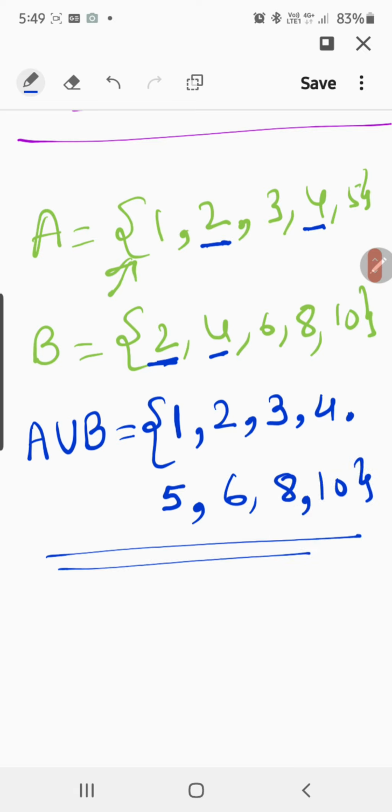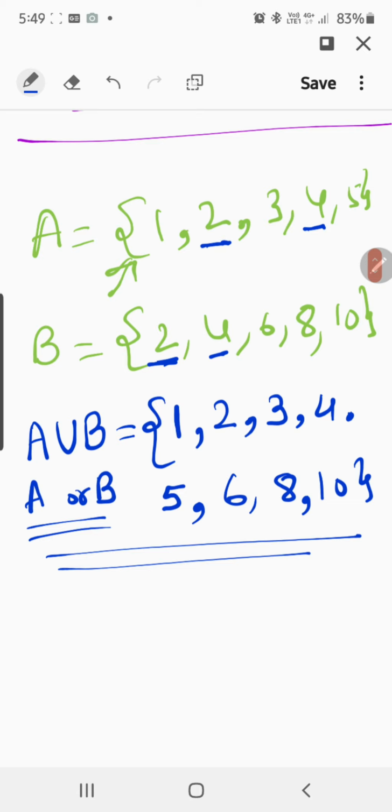This is the way we complete A union B. Hope you all understand that 1, 2, 3, 4, 5, 6, 8, 10 are the elements of A union B, or we can say A or B. Hope you got it.